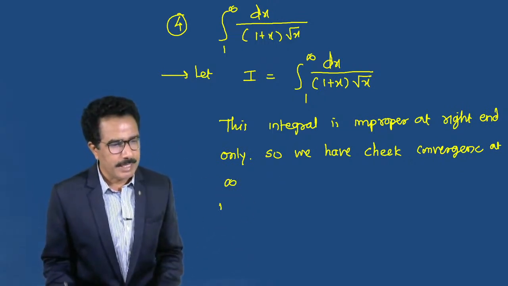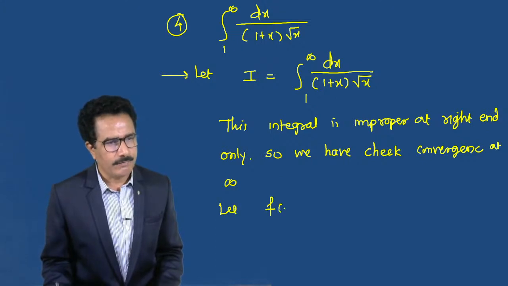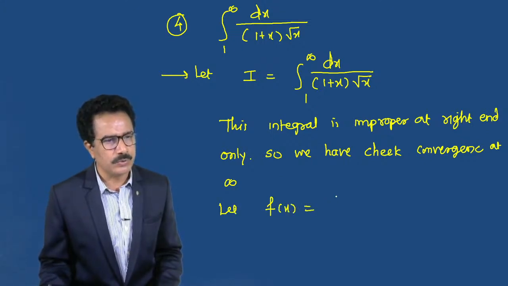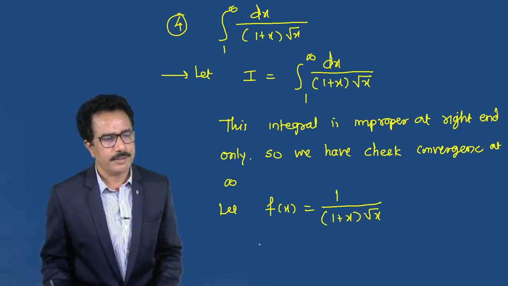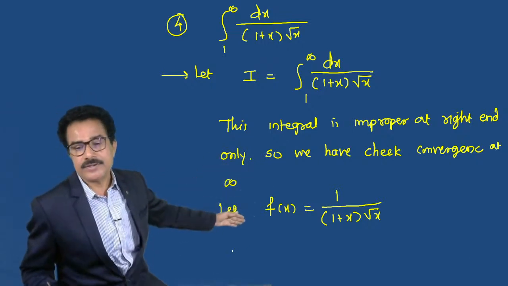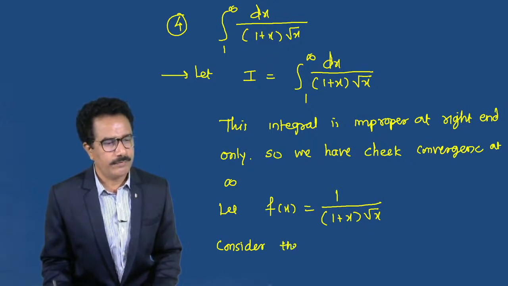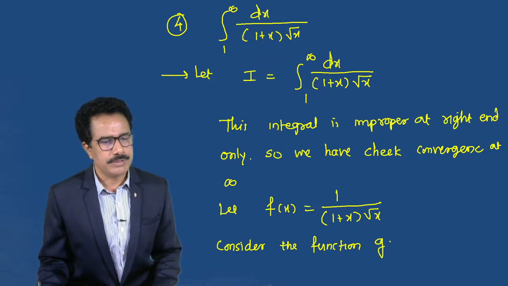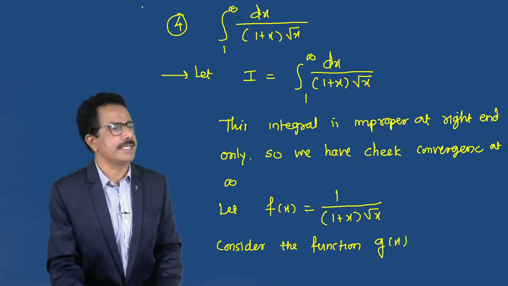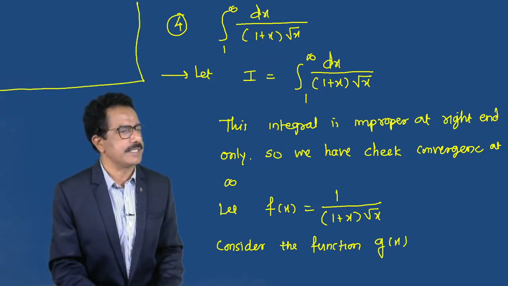So let f of x equal 1 upon 1 plus x into root x. Now consider another function g of x. How can we consider this? We shall discuss here.